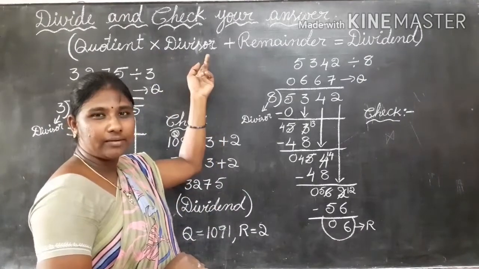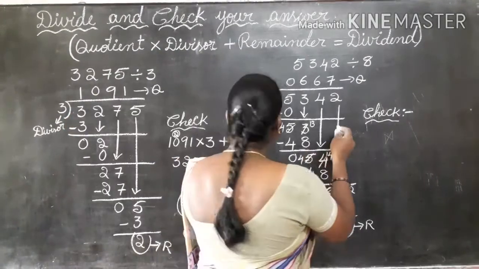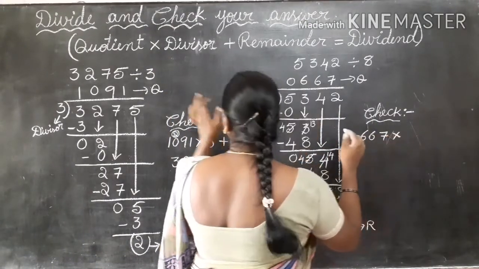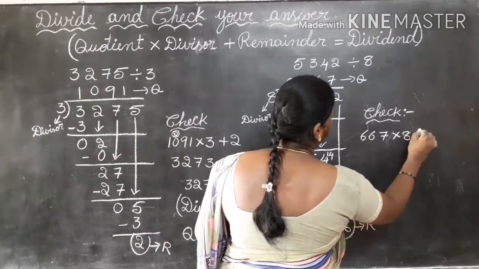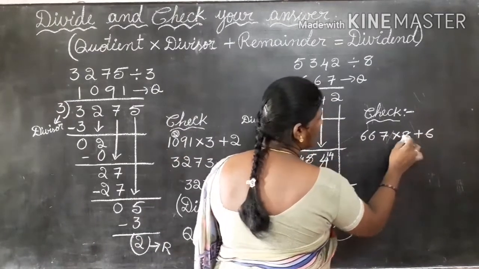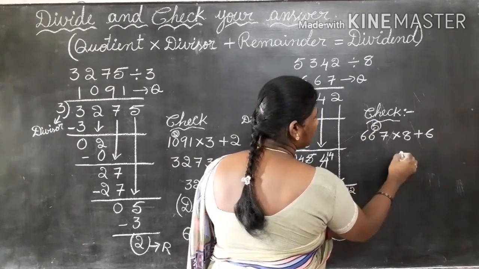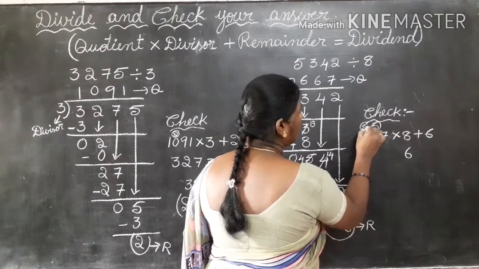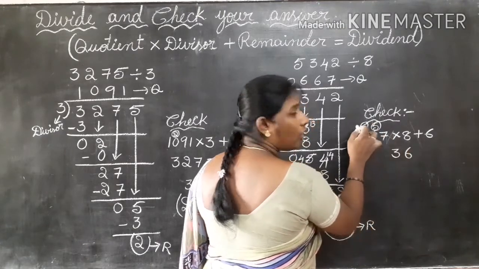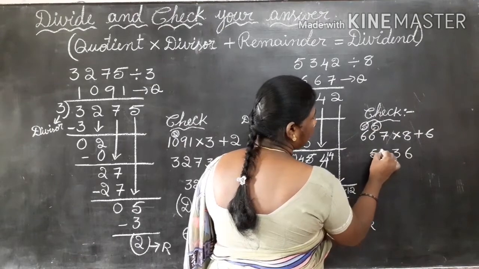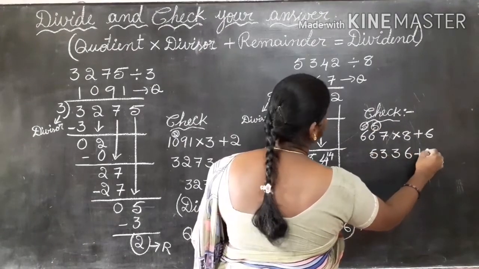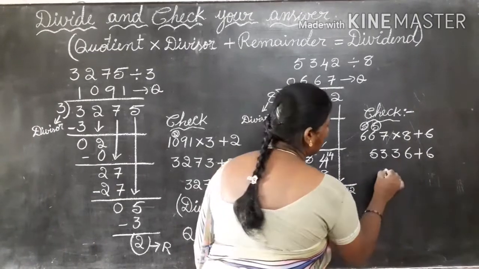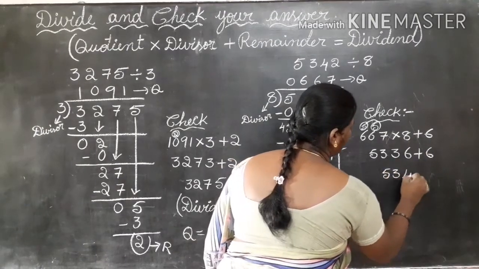Here quotient 667 into divisor 8 plus remainder 6. 8 sevens are 56, 5 here, 6 here. 8 sixes are 48 plus 5, 53. 8 sixes are 48 plus 5, 53 plus 6. 5336 plus 6, 5342.